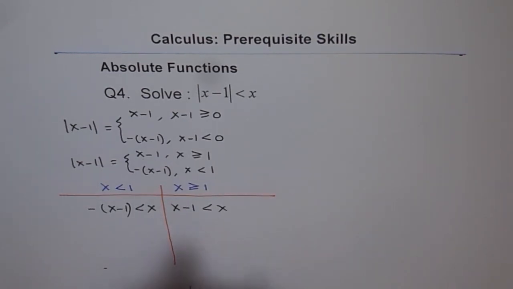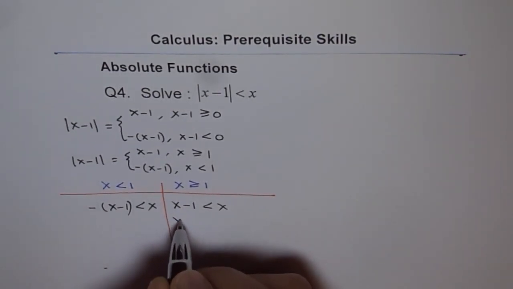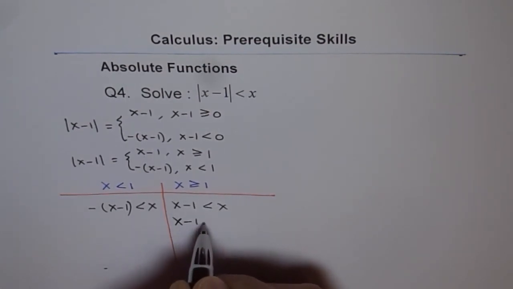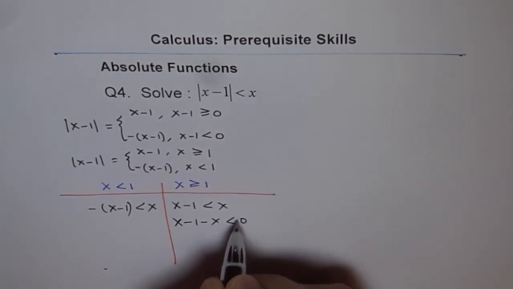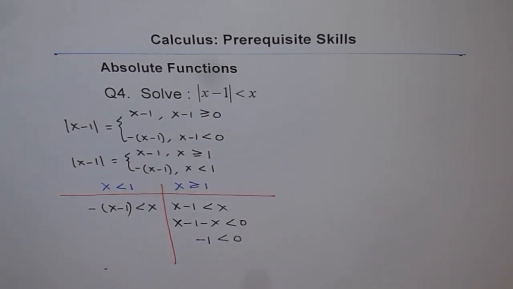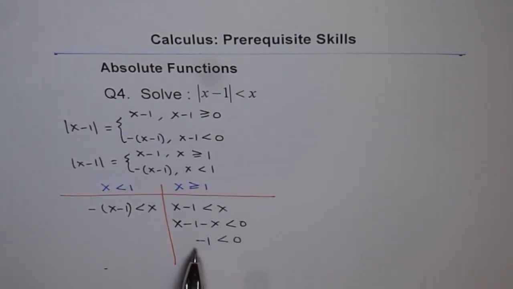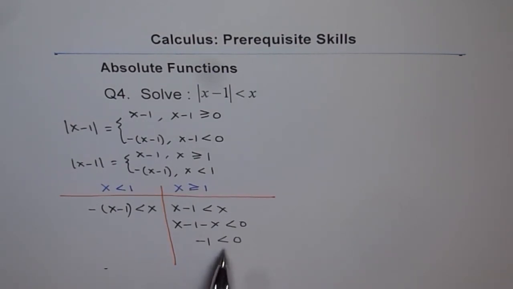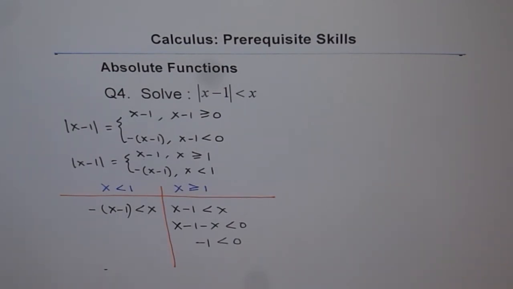Now if I solve the first and bring x to the left side, I get x - 1 - x < 0, so -1 < 0, which is always true. On a number line, let me draw a number line here.